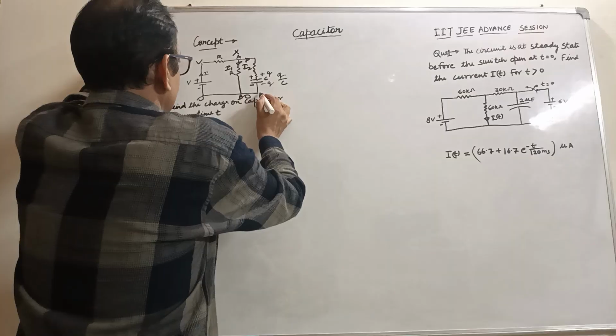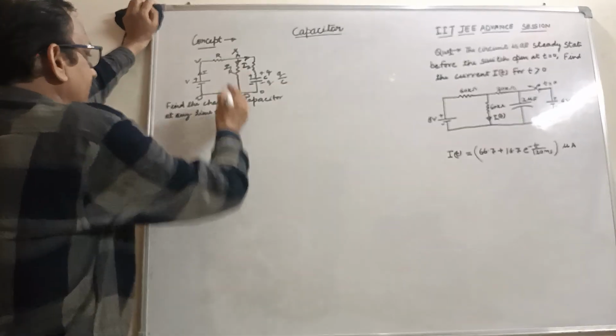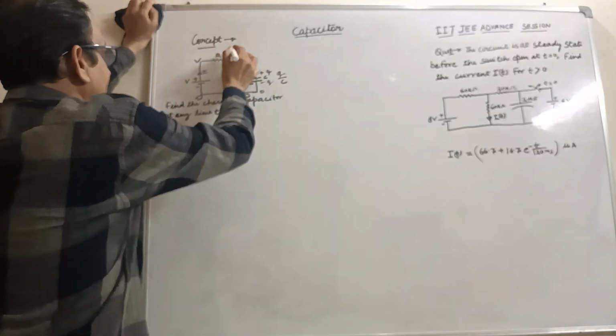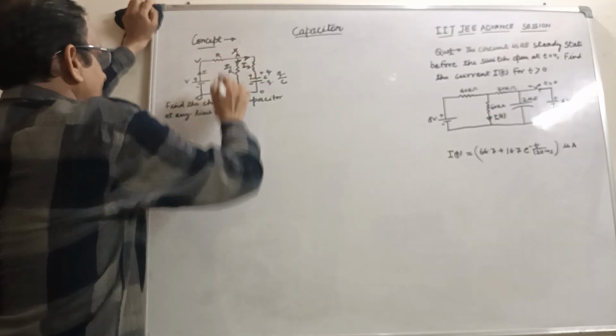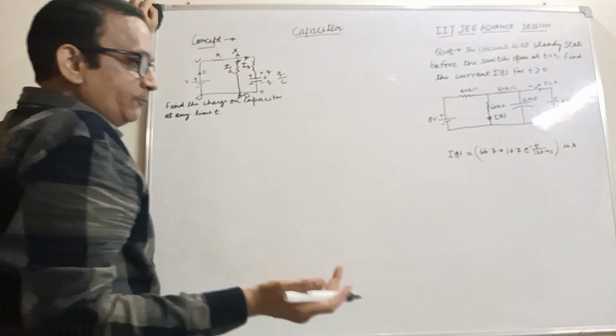So we can write x minus V, we are writing currents here. The summation of current is 0 at any point.